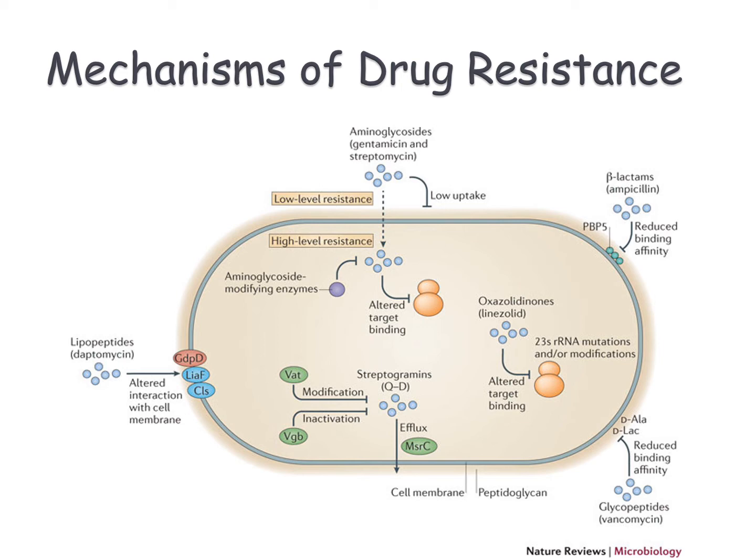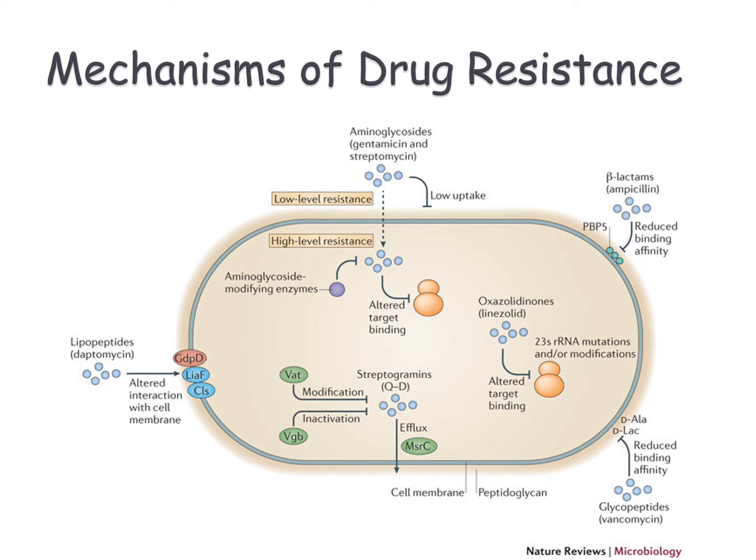Let's see what else we have here. And of course, down at the bottom, we again see an example of increased efflux out of the cell by increasing the number of these pumps that pump the molecule out of the cell.